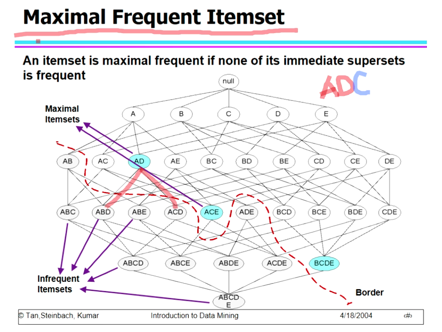I talk about AD, this one. My question is, why is AD maximal frequent?